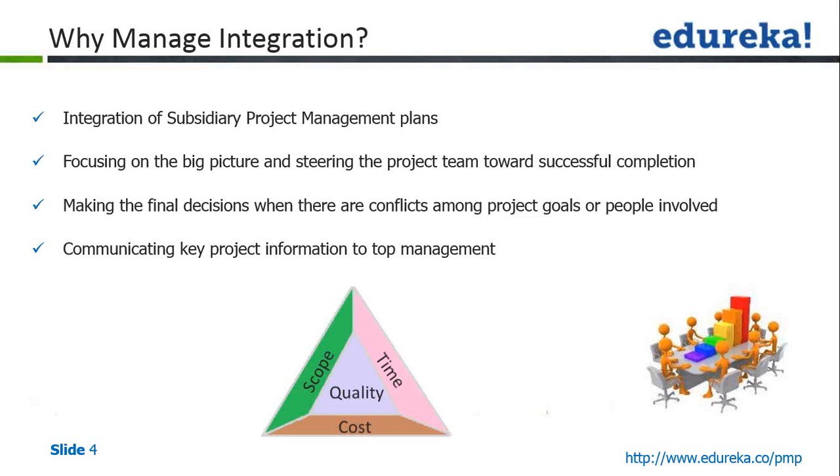If any of the elements is disturbed here, you will not be able to get a perfect triangle. What you see on the screen is called a balanced triple constraint. The purpose of project integration management is to give a complete overview of the project, how these different constraints or components of the project are going along, and how we are making progress on them.